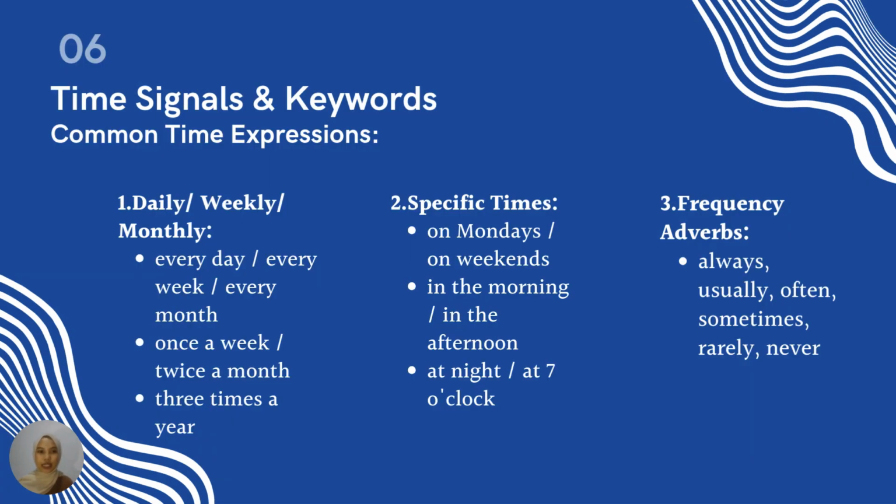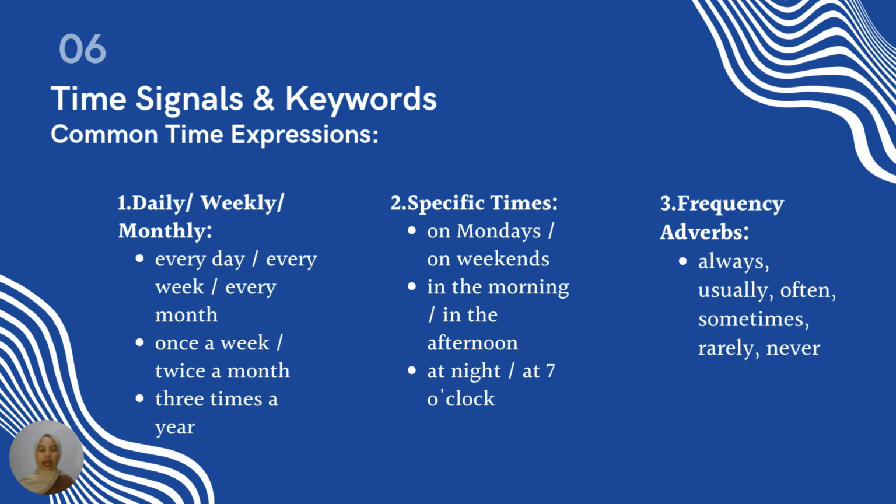And this is time signals and keywords, or common time expressions. The first, daily, weekly, monthly. Every day, every week, every month, or once a week, twice a month, three times a year. These are the time signals. And then the second is specific times.